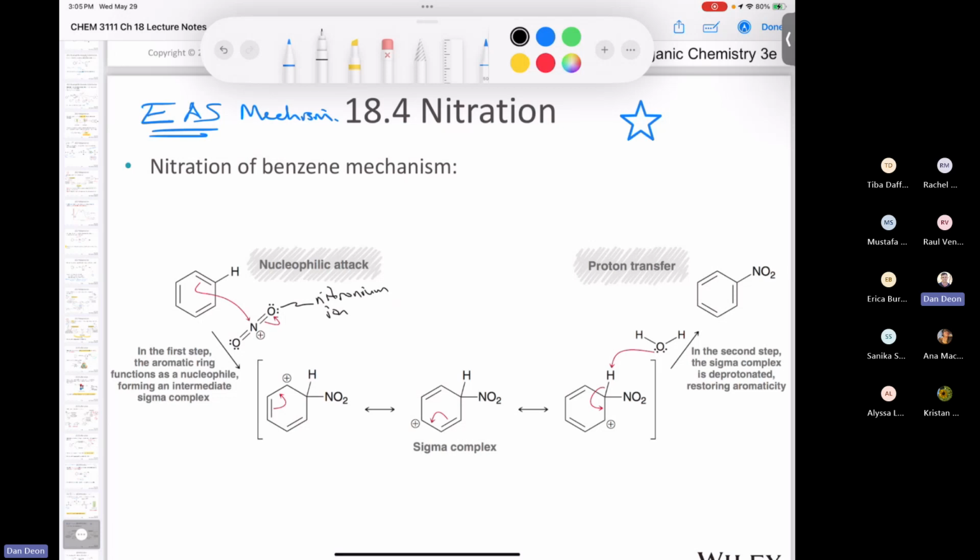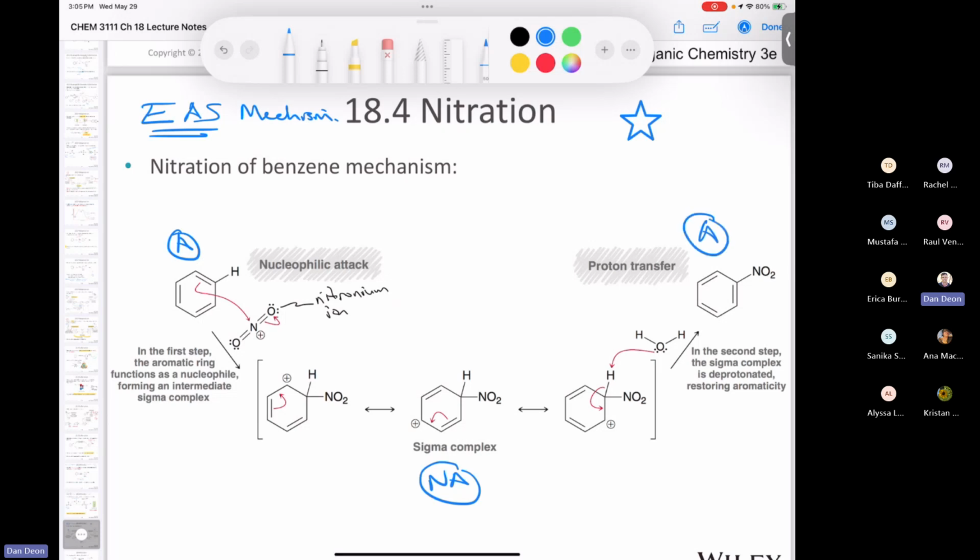The aromatic ring attacks it. We form a sigma complex. So we go from the aromatic ring to the sigma complex, which is non-aromatic. Then after a proton transfer, remember the sulfuric acid and the nitric acid are in water, so water will behave as a base in that case. It's going to abstract a proton, and you do your proton transfer, and you restore the aromatic ring.